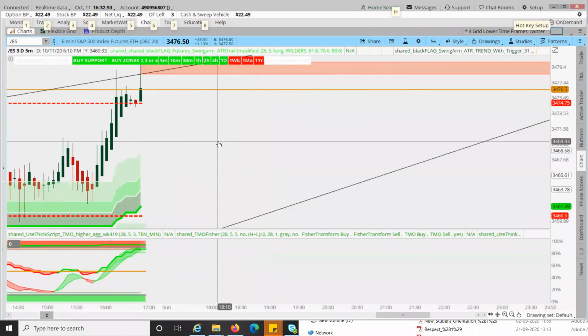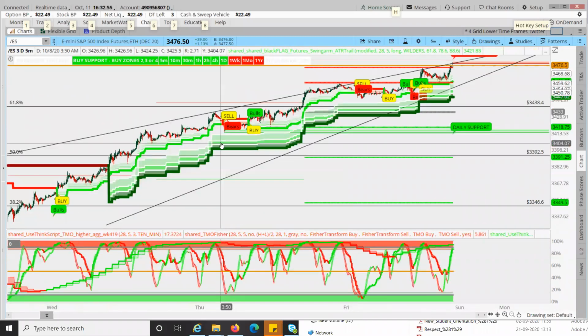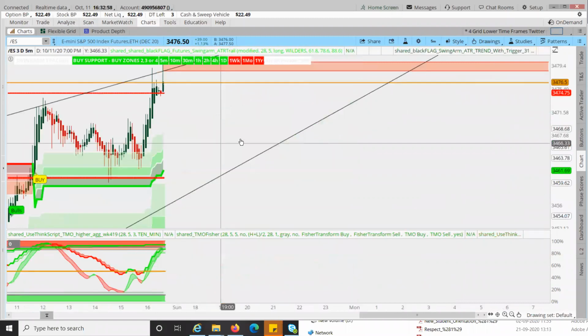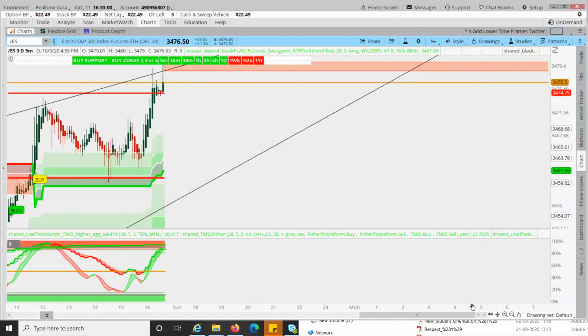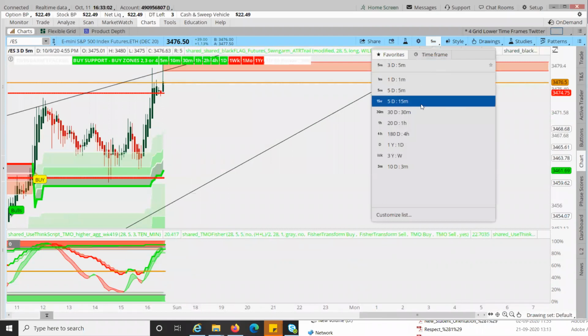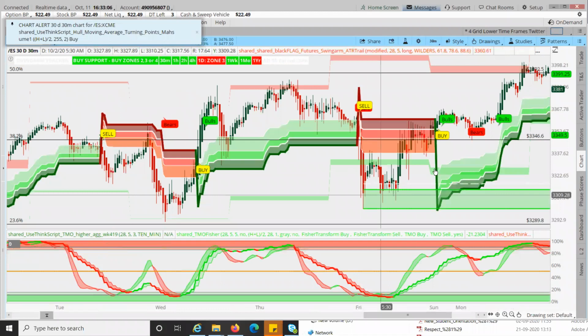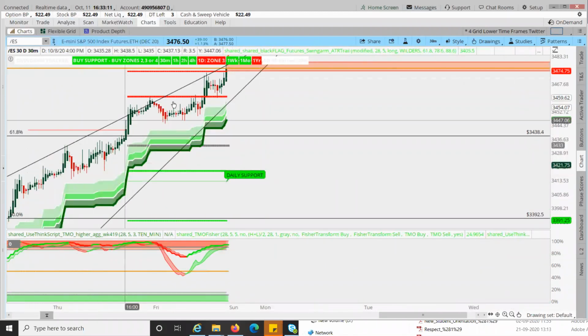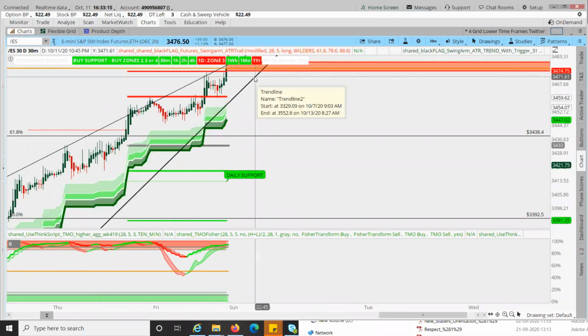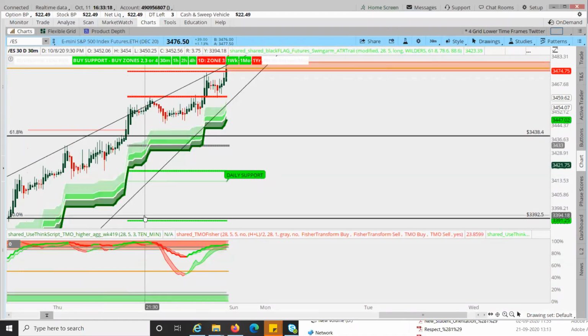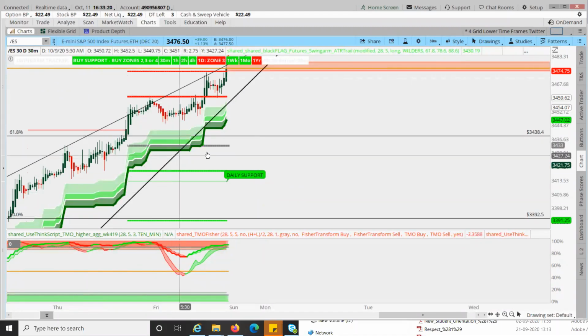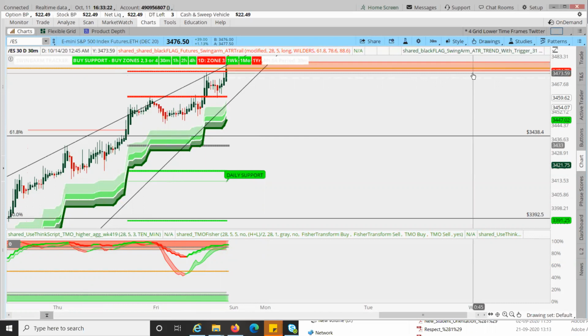I use this for some confirmations, yes, where this market is heading. And I always tend to prefer 30 minute and a day. So here again, it's making that ascending wedge. This is a swing setup where I use Heikin-Ashi. Otherwise, in normal charts, I use the candles. Okay. Thank you.